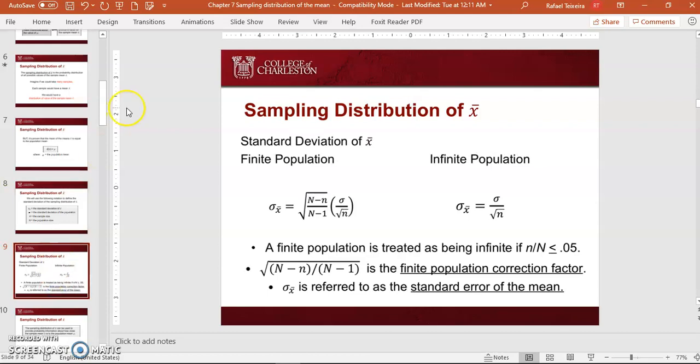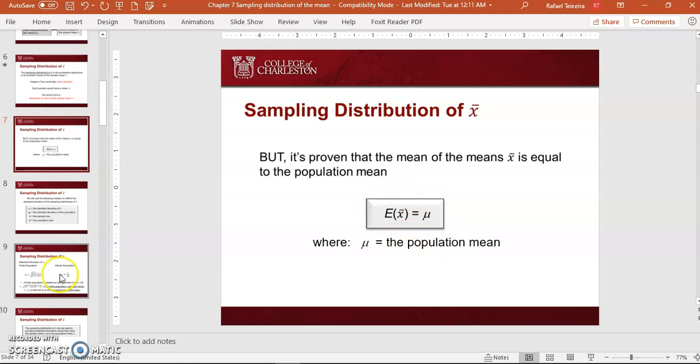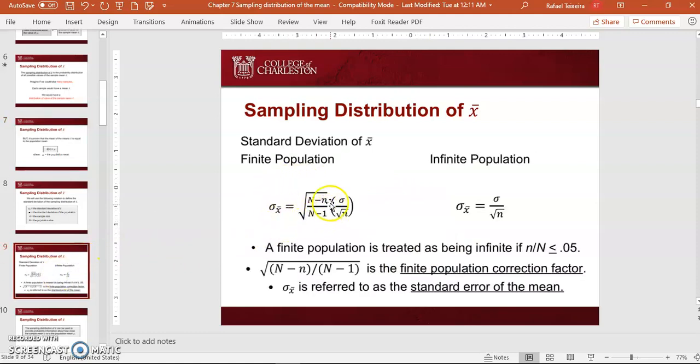So every time that we have a sample, we have a sample mean and a standard deviation of the sample mean. And this standard deviation of the sample mean can come from a finite population, and then we use this formula to compute it, or if the population is an infinite population, this is the formula we use to compute the standard deviation of the sample mean.